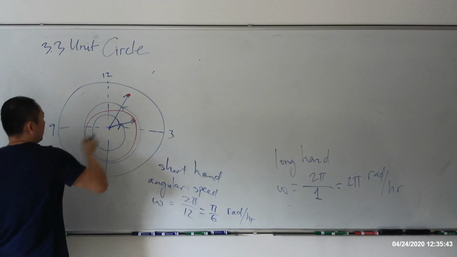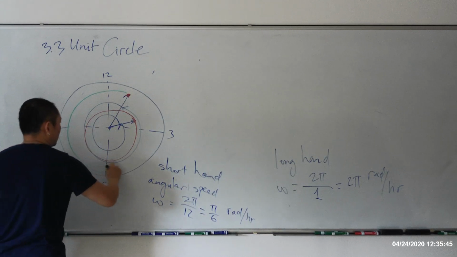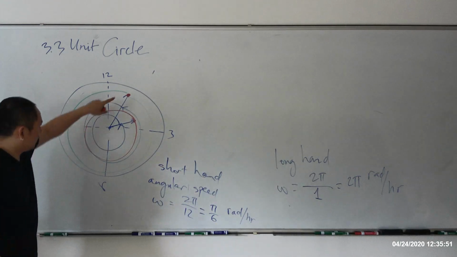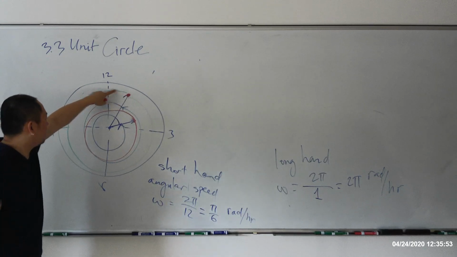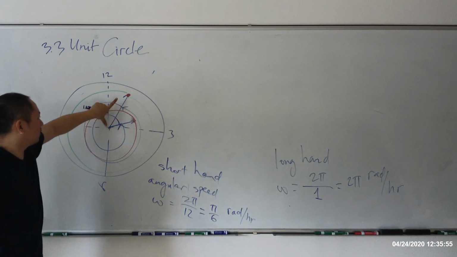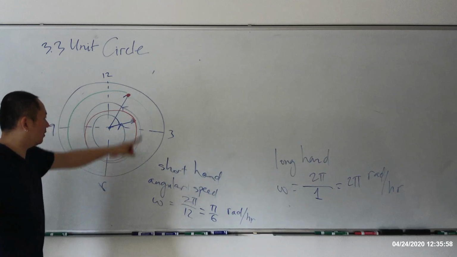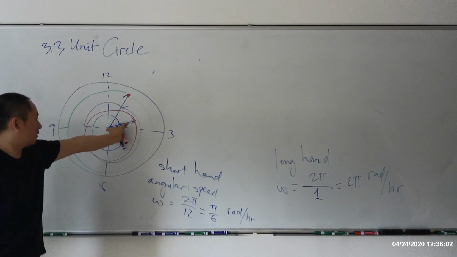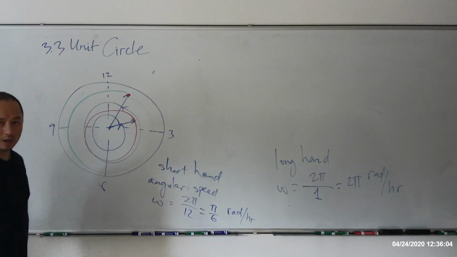And the long hand is traveling along this circle right here. Okay? So, which one moves the longer distance? Of course, the tip of the long hand is going to move the longer distance because we have a longer radius, so it's going to travel a longer circumference.